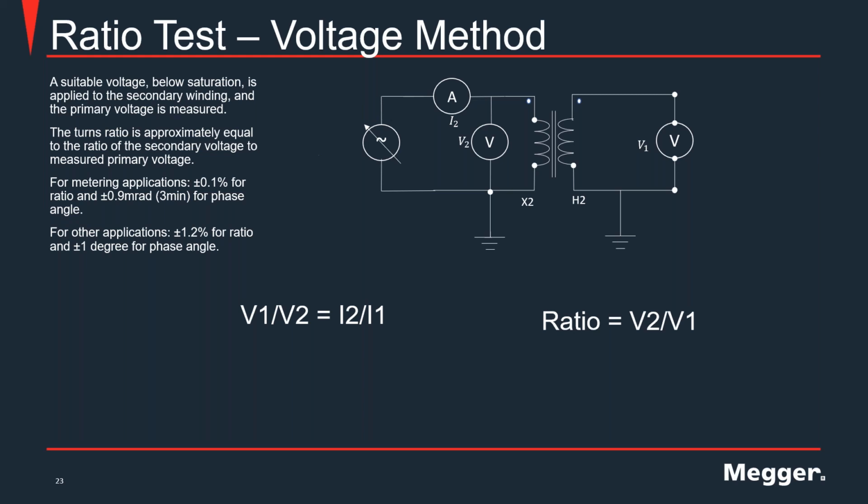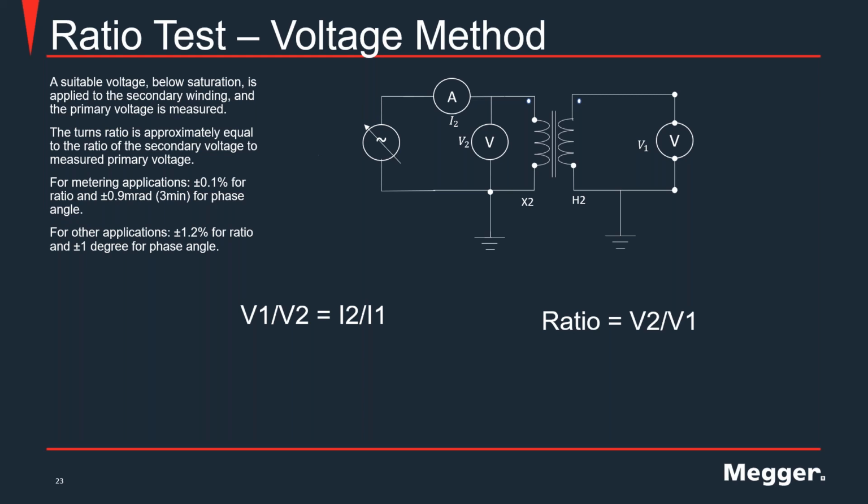If your CT needs a voltage to saturate which is greater than 2000 volts, one of the methods recommended in the IEC standard is to use DC voltage. And the way it works is that the area under the wave shape, if you look at the sine wave, is basically a representation of flux.